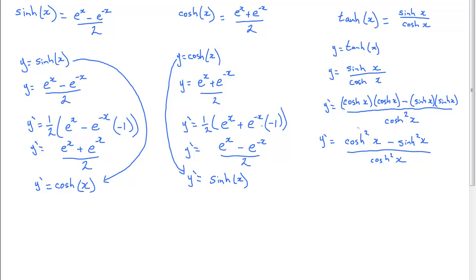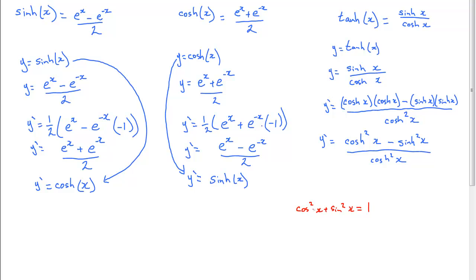The top maybe has some warning bells for you. We should recognize this property, cosine squared of x plus sine squared of x equals 1, as our very common identity that we use for trig functions.